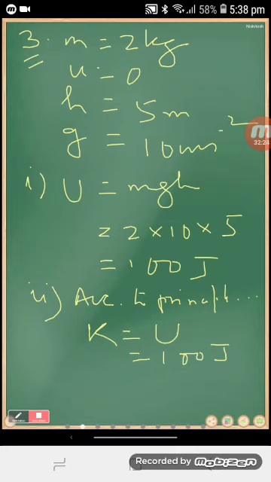When it comes to rest, the mechanical energy gets converted into some other form. Whenever it hits and comes to rest, sound will be produced and heat will be produced. So finally, the mechanical energy gets converted into heat and sound energy. The major portion gets converted into heat energy.